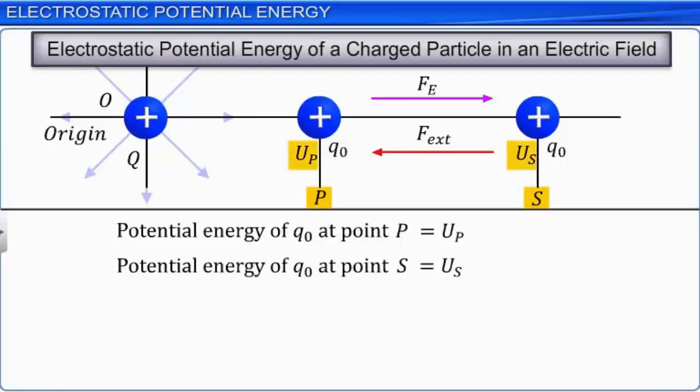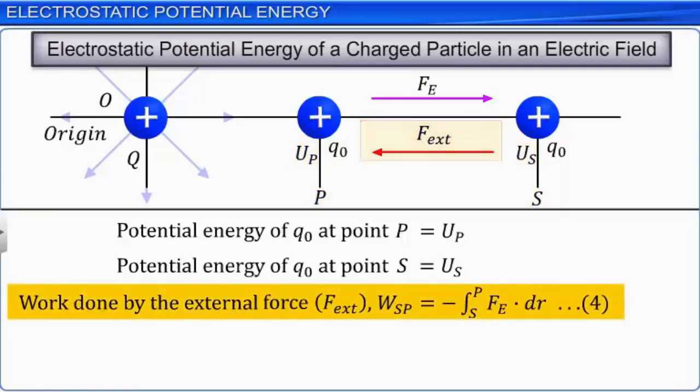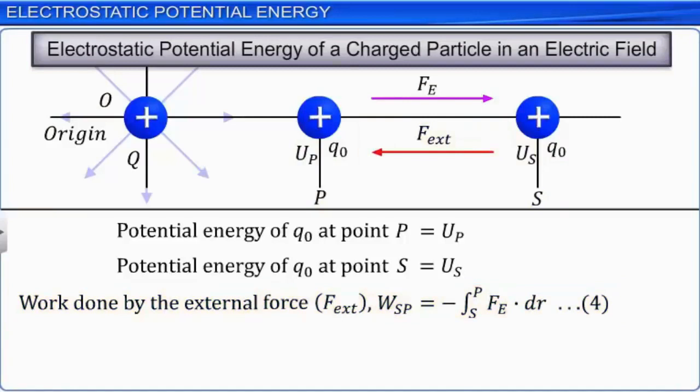The work done by the external force F, as given by equation 4, is also equal to the difference in the electrostatic potential energies of the charge Q0 at the points P and S in the electric field. Let this be equation 5.